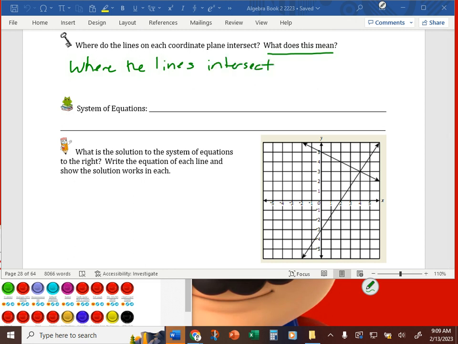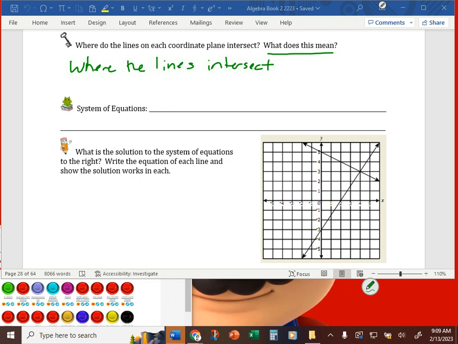Where the lines intersect means what? Where they meet, where they're on top of each other. Where they cross, but why do we care about that? Why is that where the magic happens?